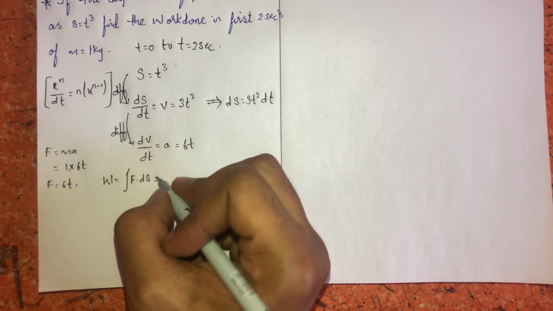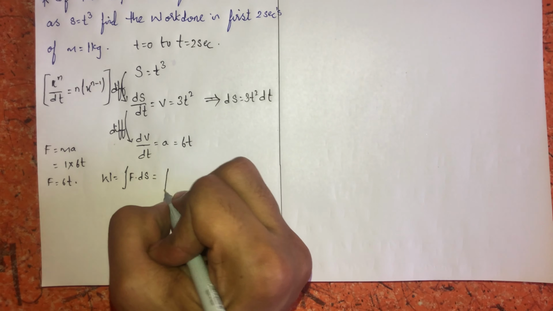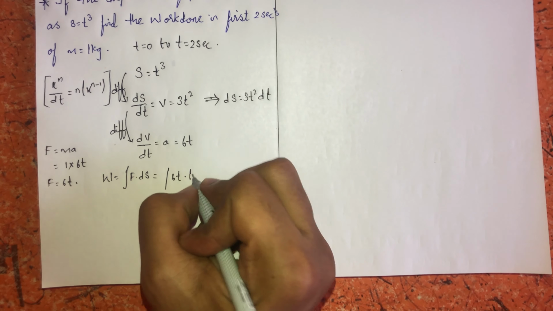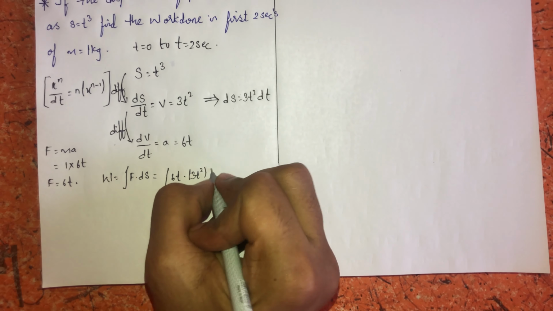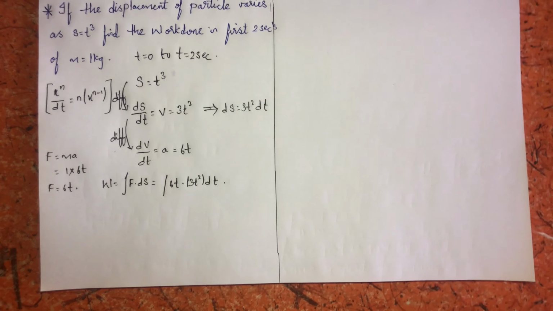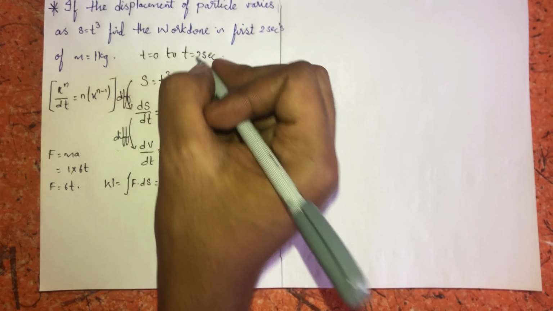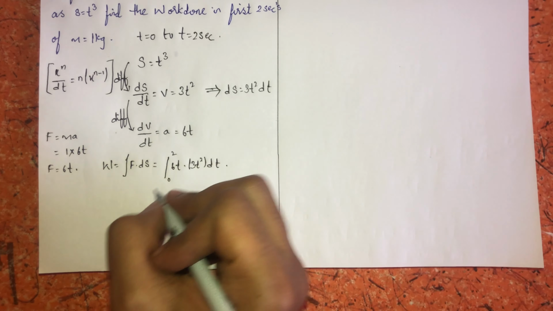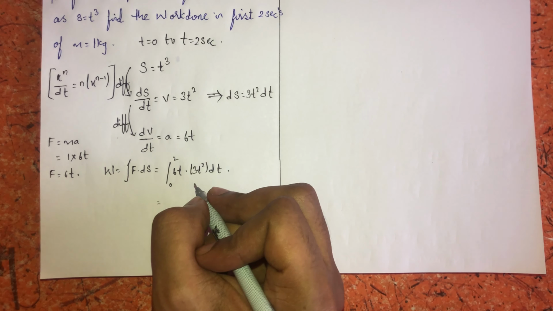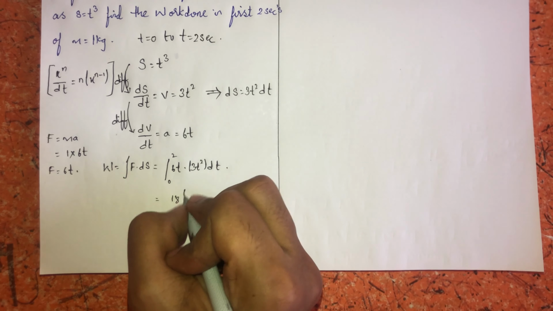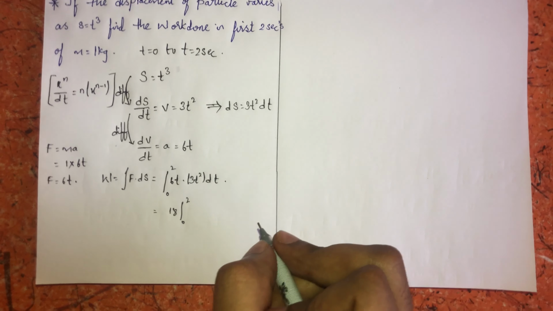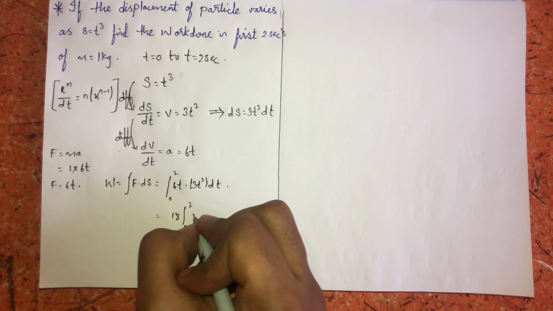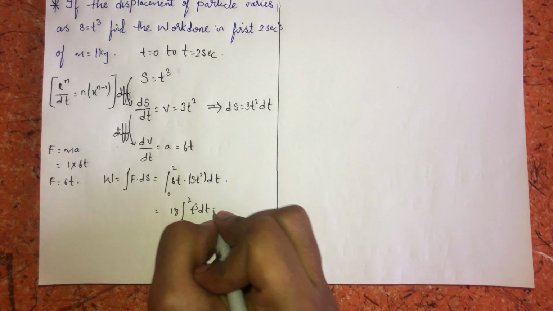So that differentiation, 6t into ds, 3t square into dt. Taking the coordinates of time from 0 to 2 seconds. Then taking constants outside, 6 3s are 18, coordinate 0 to 2. Finally t into t square, t to the power of 3 into dt. We'll get 18.